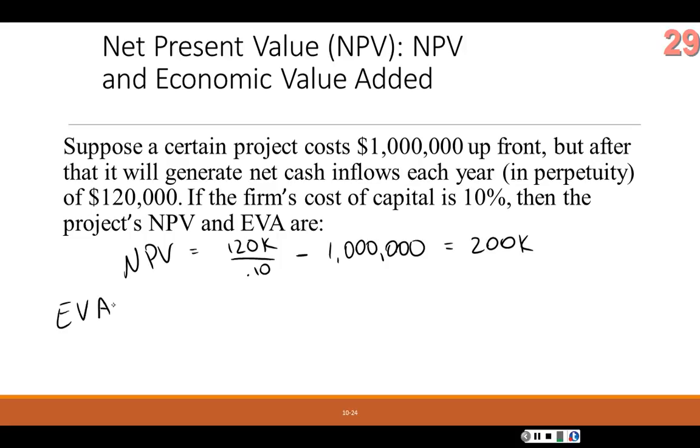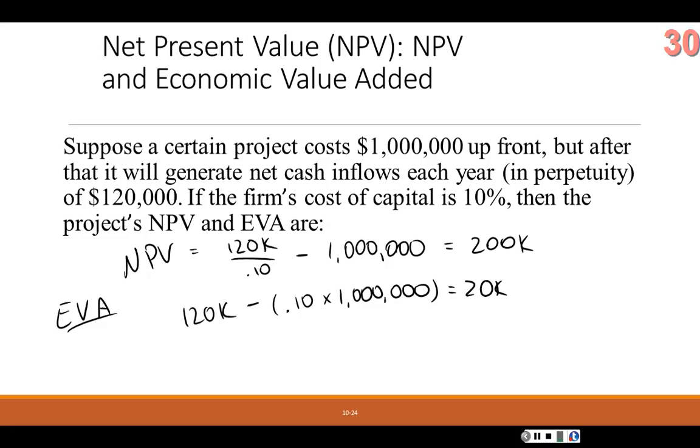Economic value added. We have $120,000 that we receive every year. From that, we need to subtract the rate of return investors demand from their $1 million investment. They demand 10% of $1 million, so $100,000. So $20,000. So there's going to be economic value added of $20,000 per year.